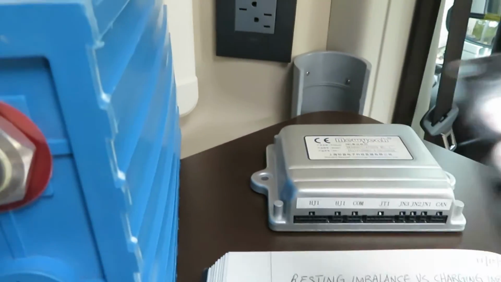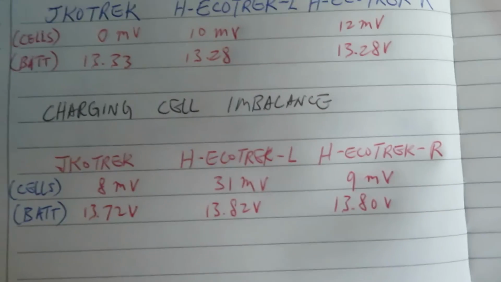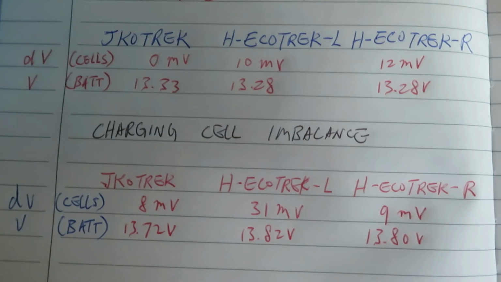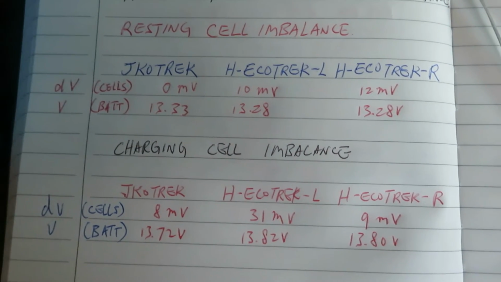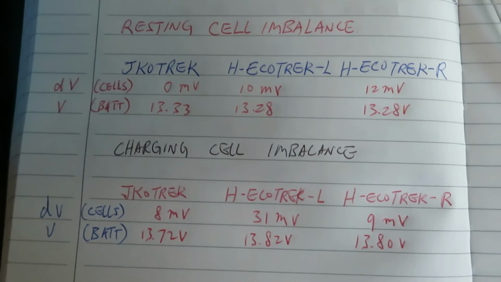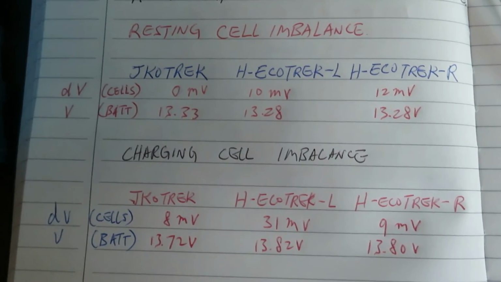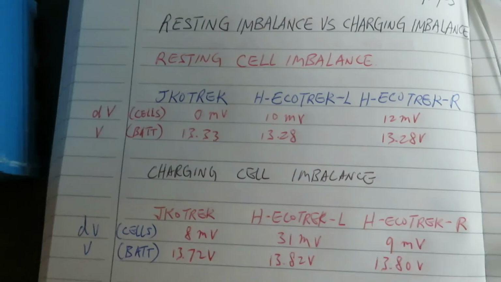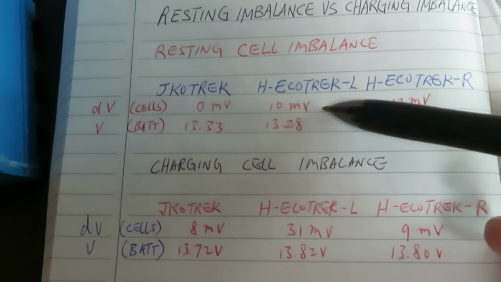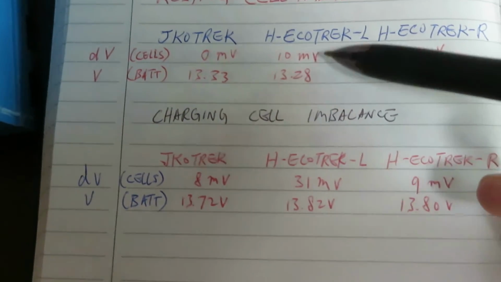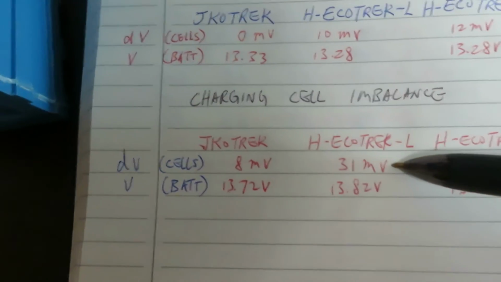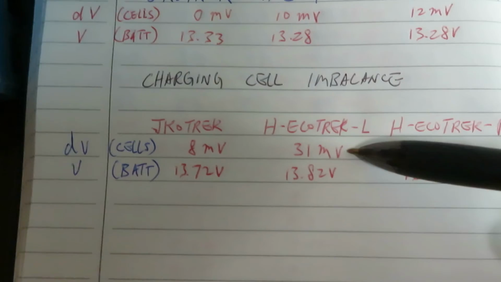And we can take a look one more time at the data I recorded in terms of the resting cell imbalance versus the charging cell imbalance. What's worth noticing is the left hand side cell resting is 10 millivolt, but when it's charging it's 31 millivolt.